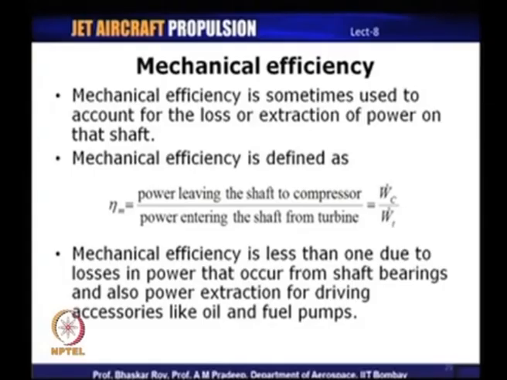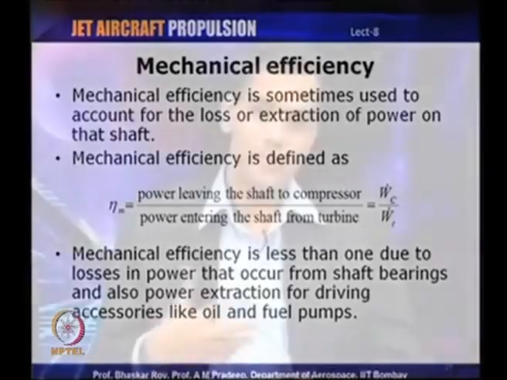So, if these two are equal, obviously the mechanical efficiency is equal to 1. And why is it less than 1? It is less than 1 because of loss of power due to the bearings. In a shaft that connects the turbine and compressor, there are several bearings which hold the shaft, and so there are numerous losses through these bearings.